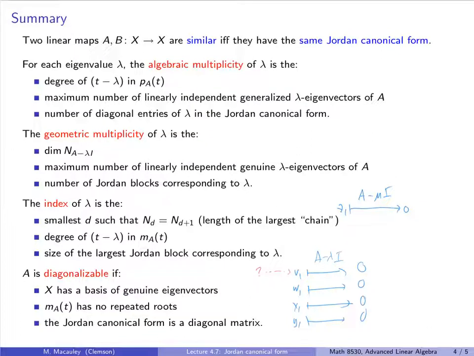We don't need A minus lambda I squared or higher for any eigenvalue to kill off our basis of eigenvectors. Finally, that means that the Jordan canonical form is a diagonal matrix. In other words, A is similar to a diagonal matrix. So all of the Jordan blocks are going to be 1 by 1. And that's where the word diagonalizable comes from: it's similar to a diagonal matrix.